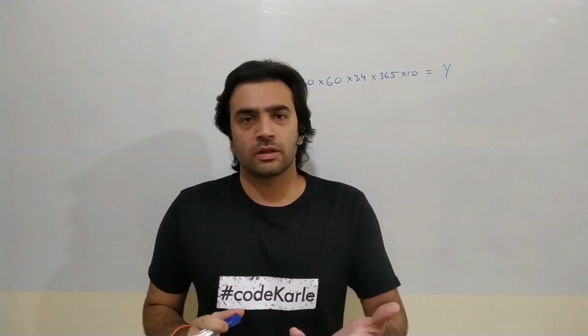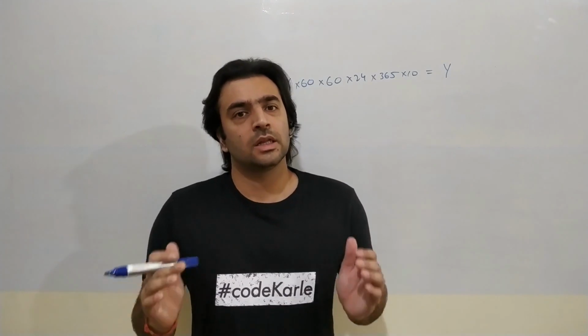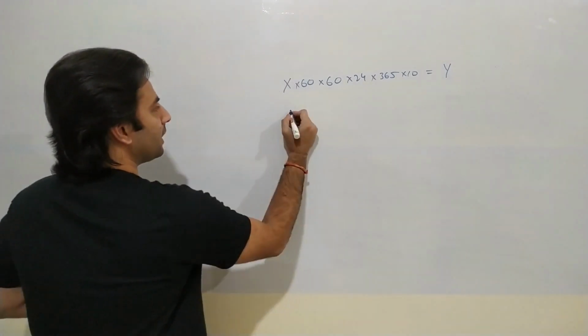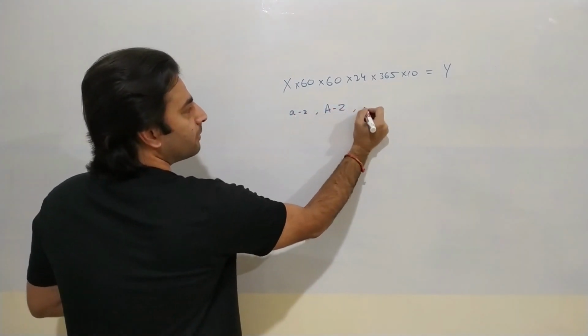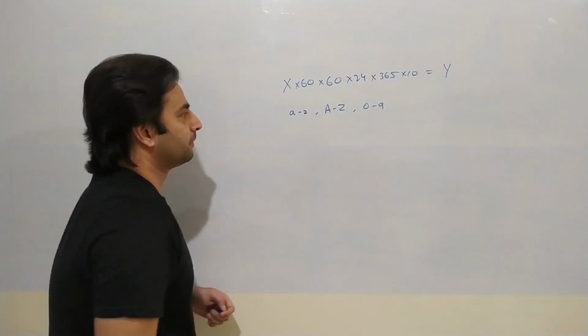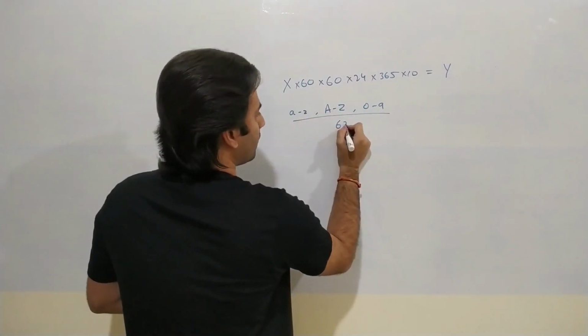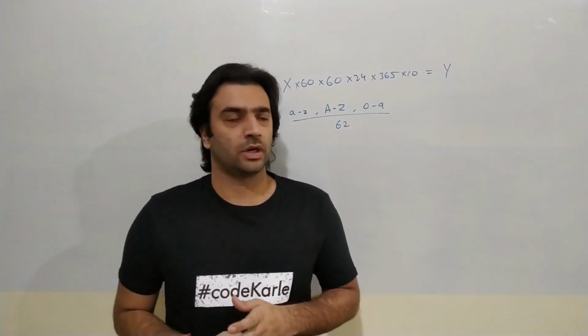But you could ask your interviewer and come up with a character set that is allowed for short URLs. For now, let us assume that we'll take small a to z, capital A to Z, and the numbers 0 to 9. These are 62 characters which you can use in the short URL.